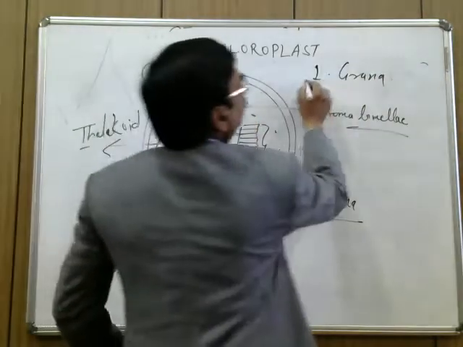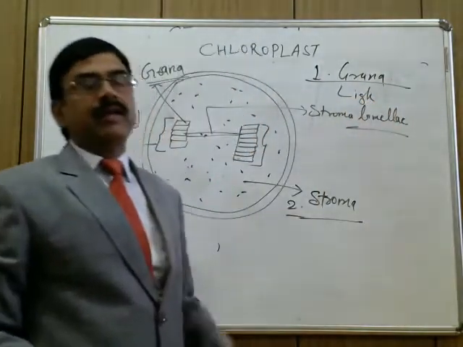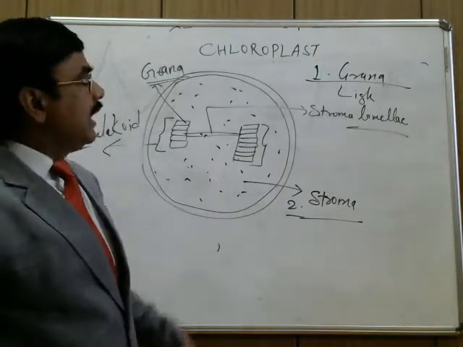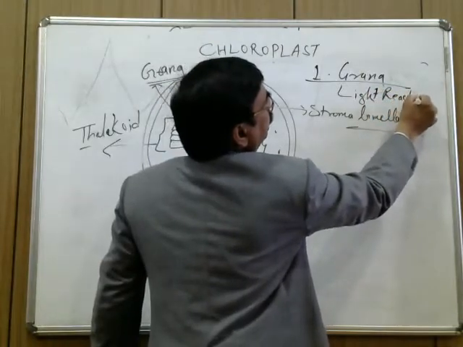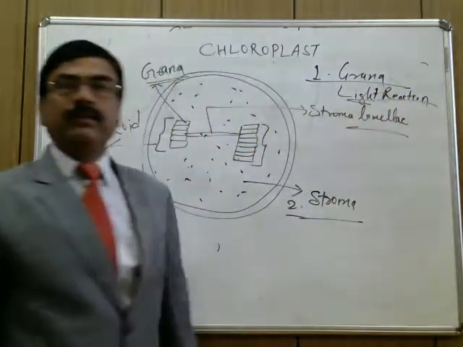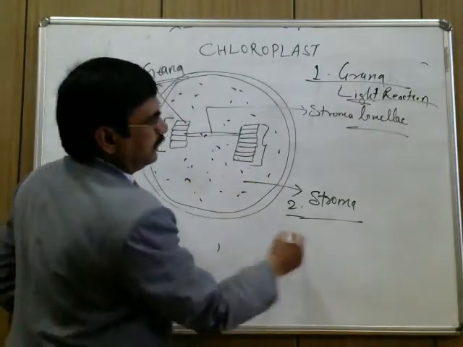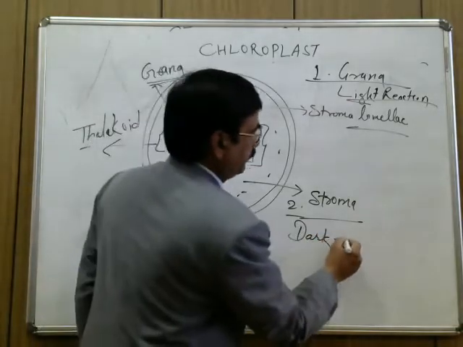This grana is for light reaction. It is the site for the light dependent reaction, and another one, stroma, is for dark reaction.